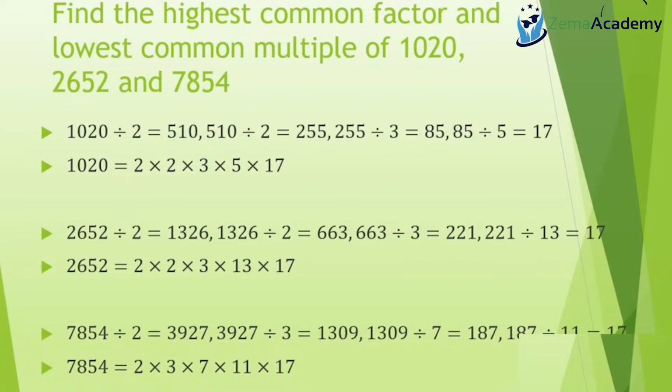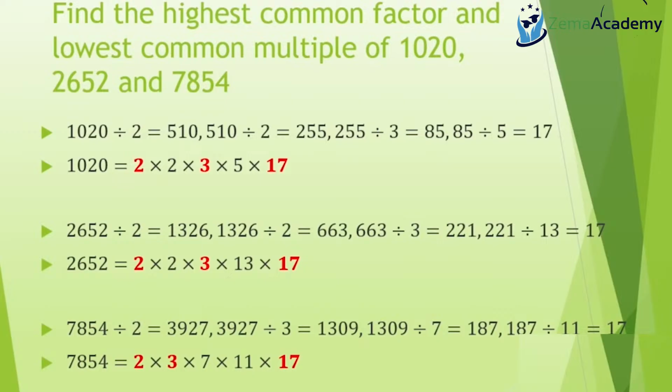So having done that, I end up with 1020 is the same as 2 times 2 times 3 times 5 times 17. I then followed the same processes for 2652 and 7854. You'll get a chance to do this in your tutorials.